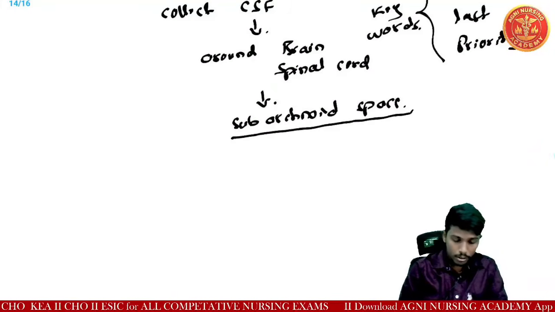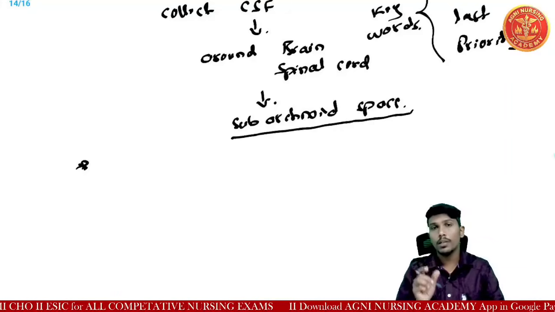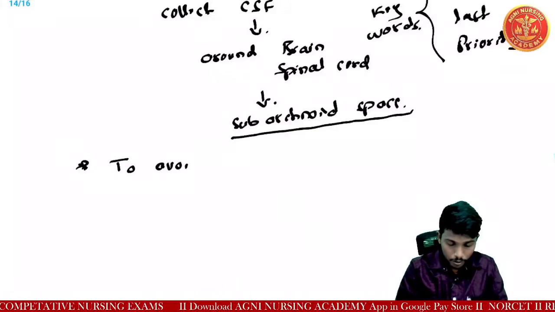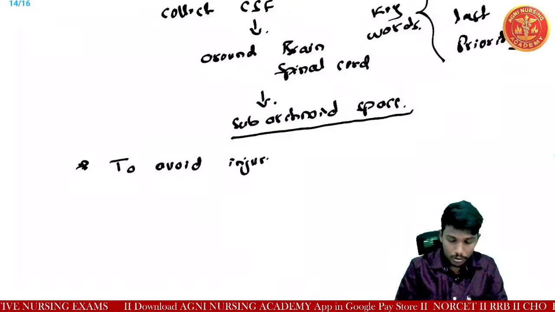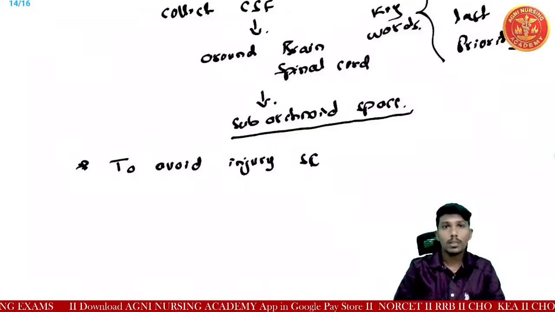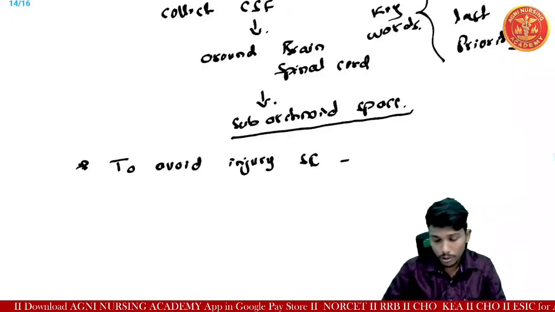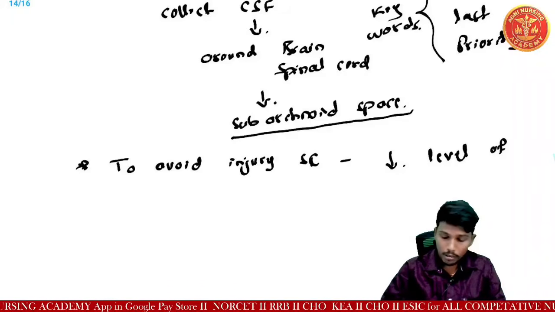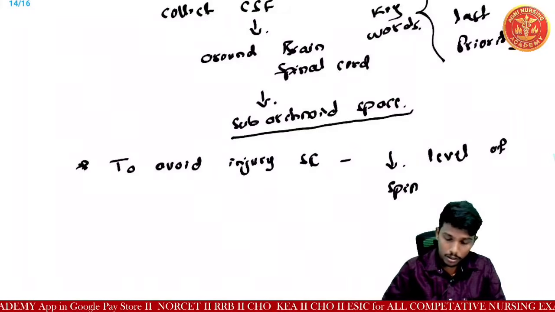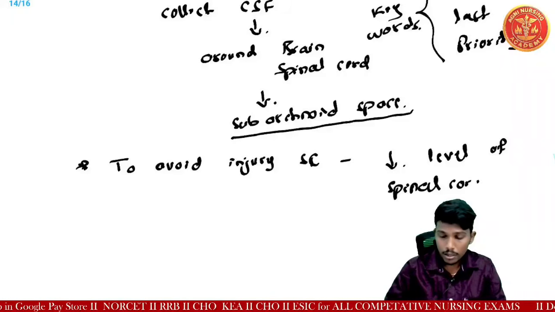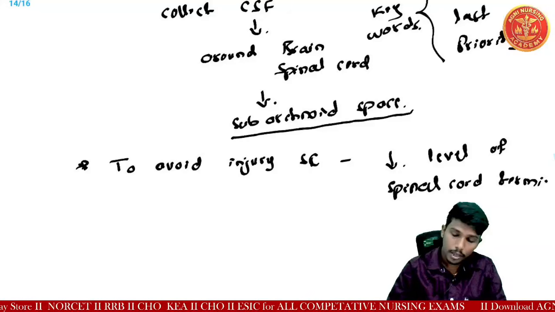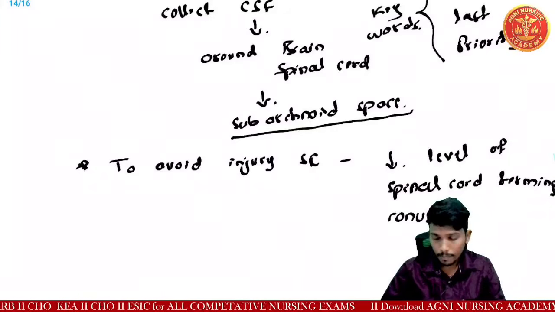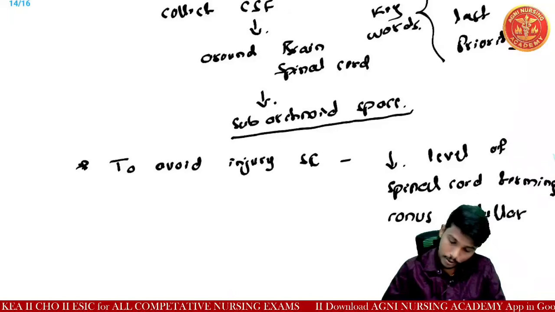We insert the needle into the lumbar region of the spine, and to avoid injury to the spinal cord, we have to insert the needle below the level of the spinal cord's terminal point, the conus medullaris.